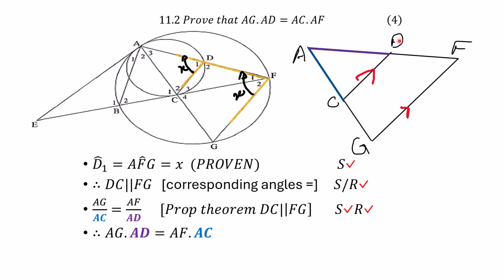Alright, so from that triangle there, you should see if you've done the proportionality theorem already with your teacher at school. If you haven't, you can go look at one of the prop theorem problems we've done here. But in short, if those two are parallel, then I can say AD over AF must equal AC over CG. Or I can go long: AG, the long side over the short side AC, equals AF, the long side over the short side AD.